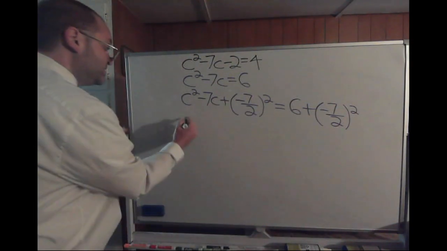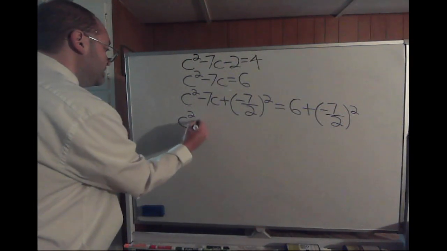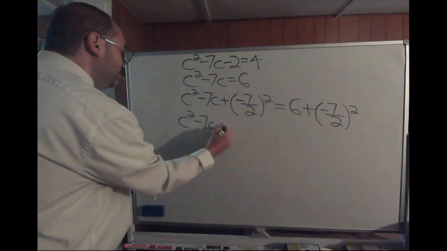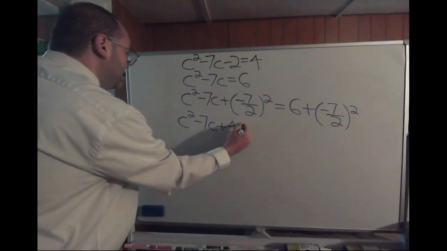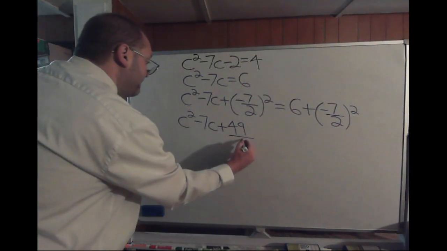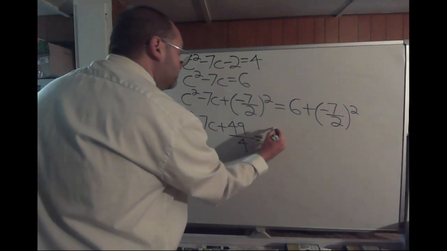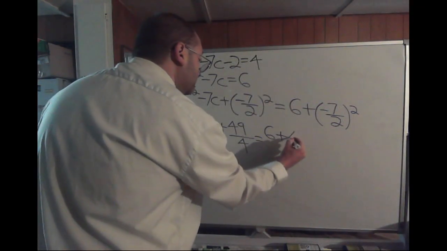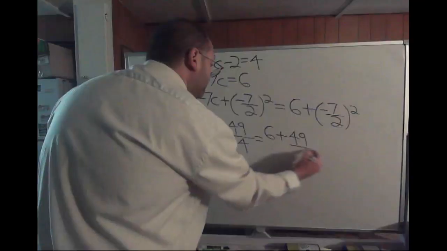Okay, this turns into c squared minus 7c plus 49/4. That's going to equal 6 plus 49/4.